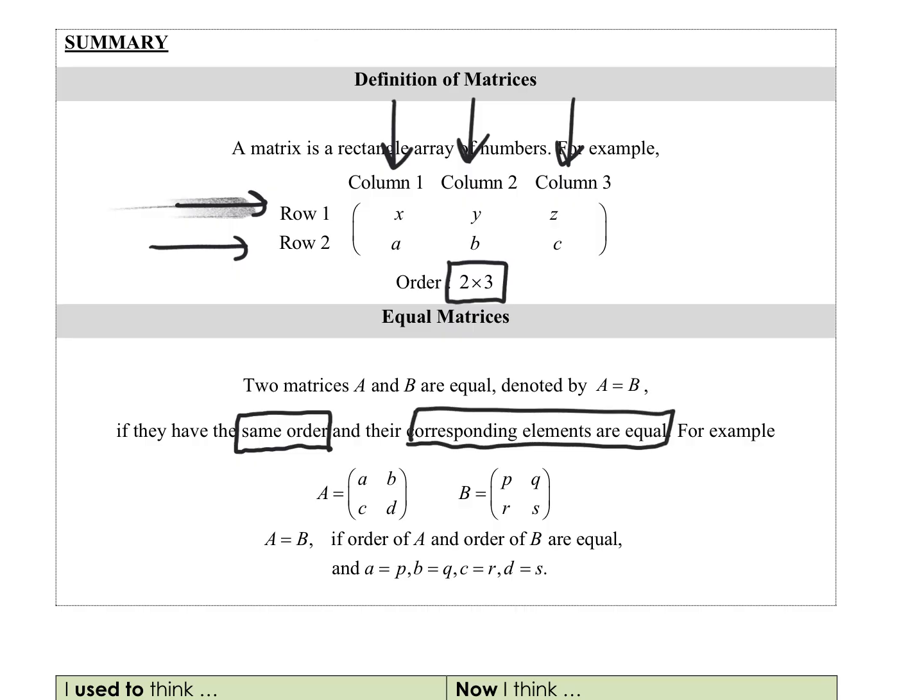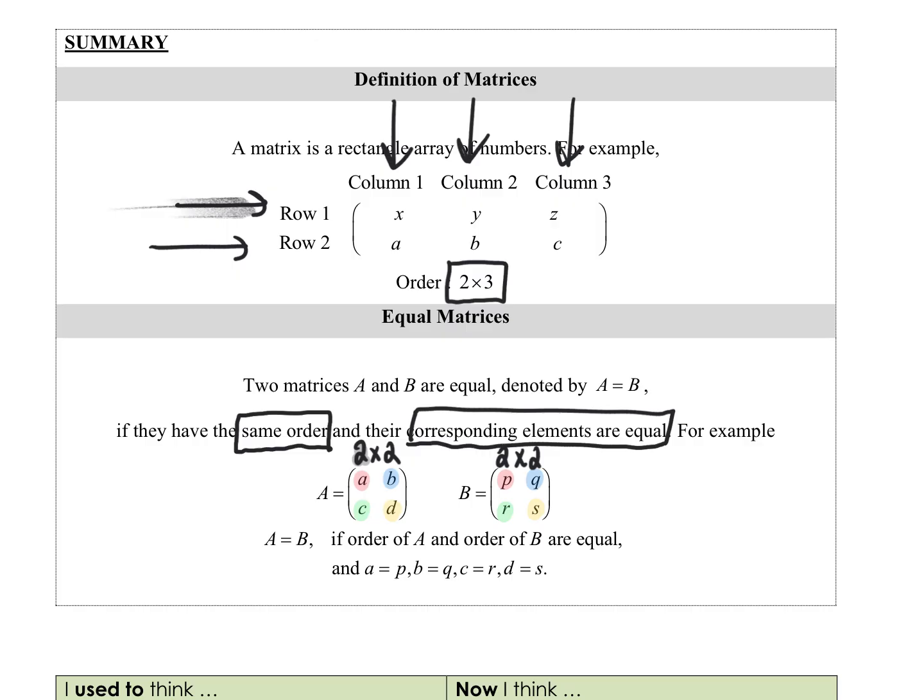So meaning I have this being equal to P, this must equal to Q, this must equal to R, and D must equal to S. Every single element must be the same and the order for this case must both be 2 by 2. 2 rows and 2 columns.